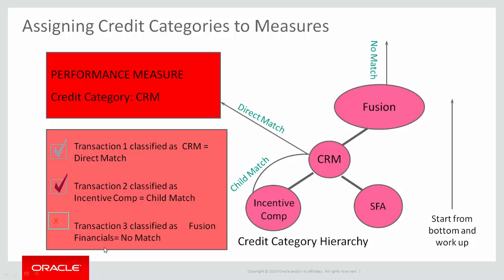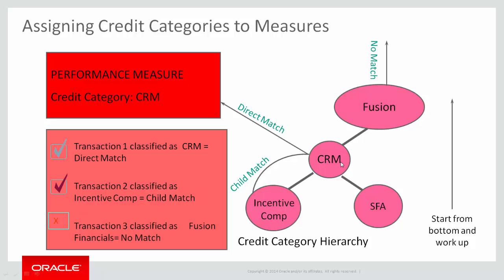Then let's say a third transaction comes in and the product that's sold on it is Fusion Financials. Well, even though your classification of CRM falls within the Fusion family, Financials does not fall within CRM. It would be considered, let's say, a sibling of CRM somewhere out here to the right. So because of that, it would be no match.